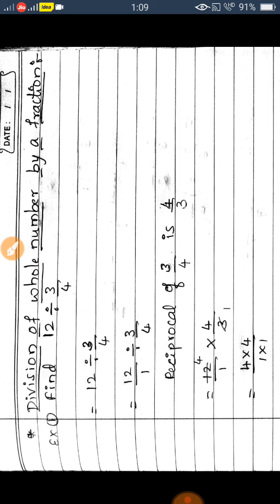See, easily we cannot divide the whole number by a fraction or a fraction by a fraction. So we have to convert the division sign to a multiplication sign by writing the reciprocal. Of which number's reciprocal? First number or next number? The number after the division sign.